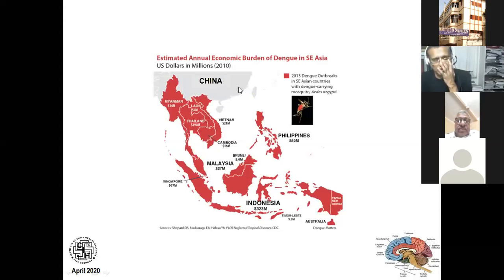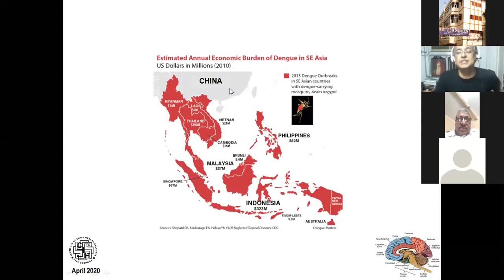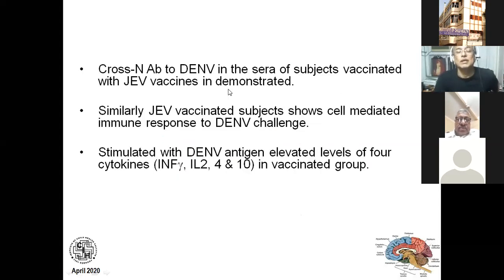So a thought was generated during that period whether Japanese encephalitis vaccine gave some protection against dengue also. It was seen that in persons who received the Japanese encephalitis vaccine there were cross-reacting antibodies against dengue, and not only antibodies, they also showed a cell-mediated response to dengue virus.